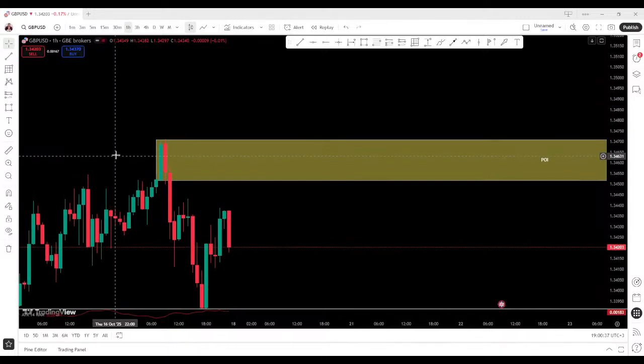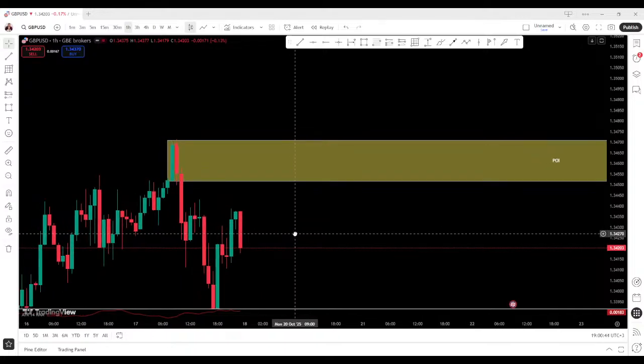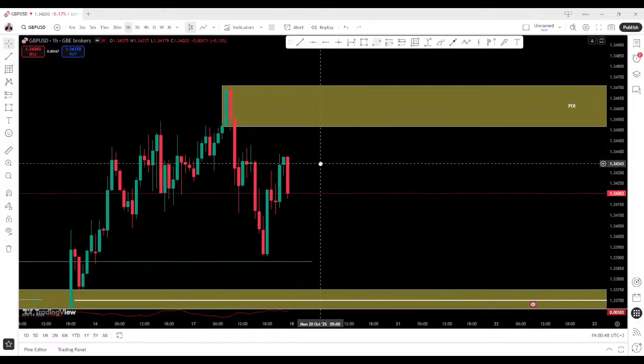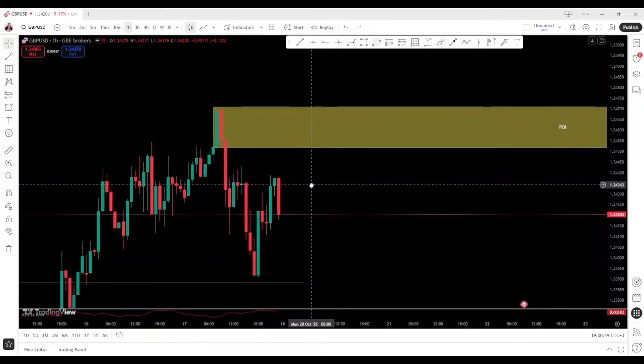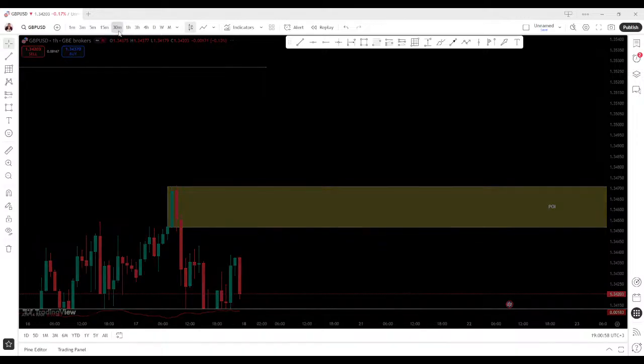So we are trying now to refine this so that we get an entry tomorrow. This is GBPUSD. So let's go then to 30 minutes.